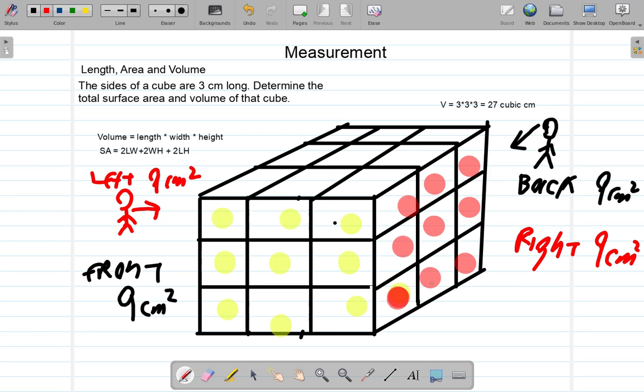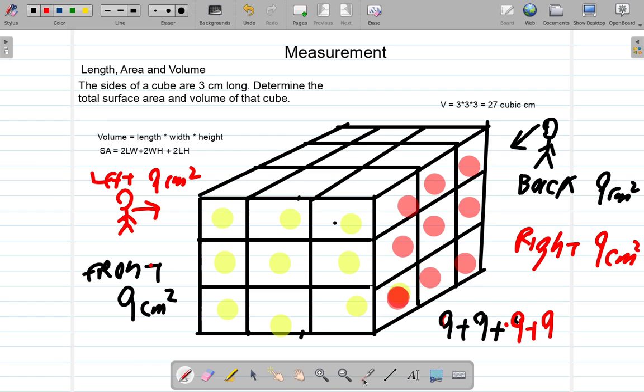So far, at the front, we have 9 plus, at the back, we have 9 plus, on the left, we have 9, and on the right, we also have 9 centimeters squared.